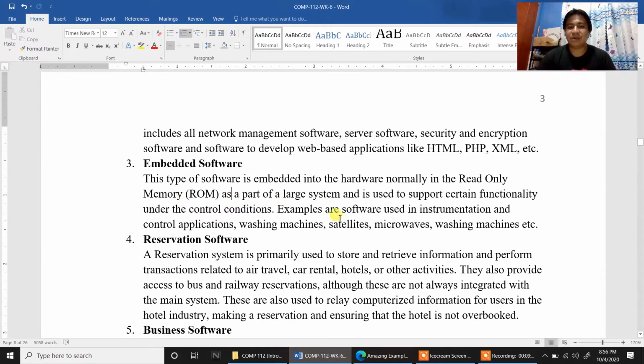So examples of the software use are control applications, washing machines, automatic digital satellites, microwaves, washing machines, etc. And one example also is our vote counting machine in the Philippines, the VCM. I have experienced it before because I was one of the supervisors of PCOS, during the first implementation of automation of voting in the Philippines.